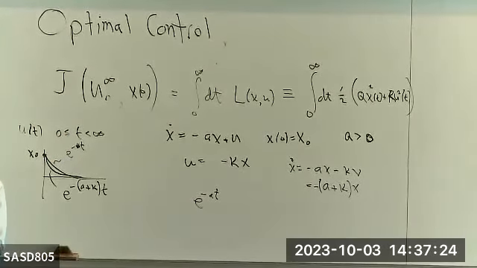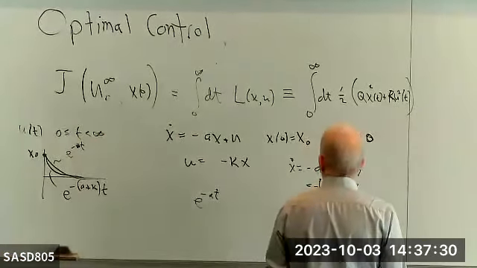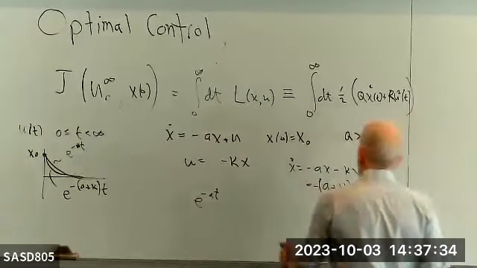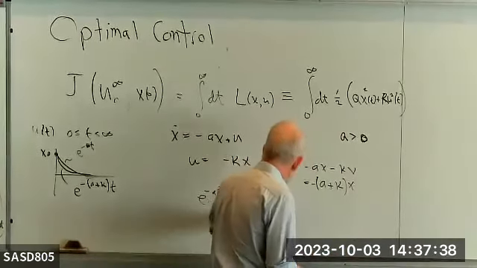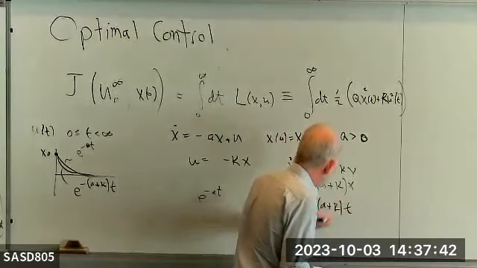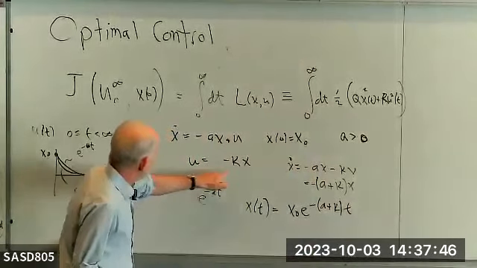Okay? So in this particular case, it's really easy to do this explicitly. If we have dynamics like this, then x of t is x naught e to the negative (a plus k)t, and u is just minus kx.